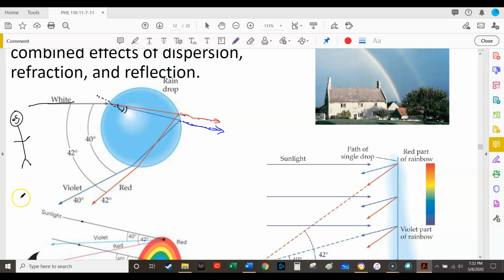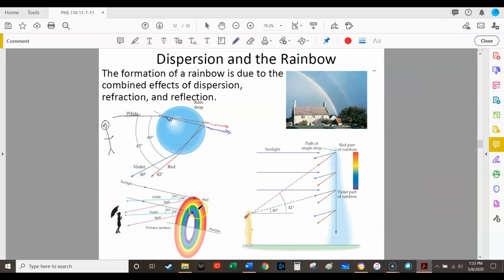So much so that violet is now going to be seen at an angle of 40 degrees, and red is going to be seen at an angle of 42. And what I mean to say is this: you'll see the violet or blue colors on the inside of the rainbow, of the primary rainbow, that is.